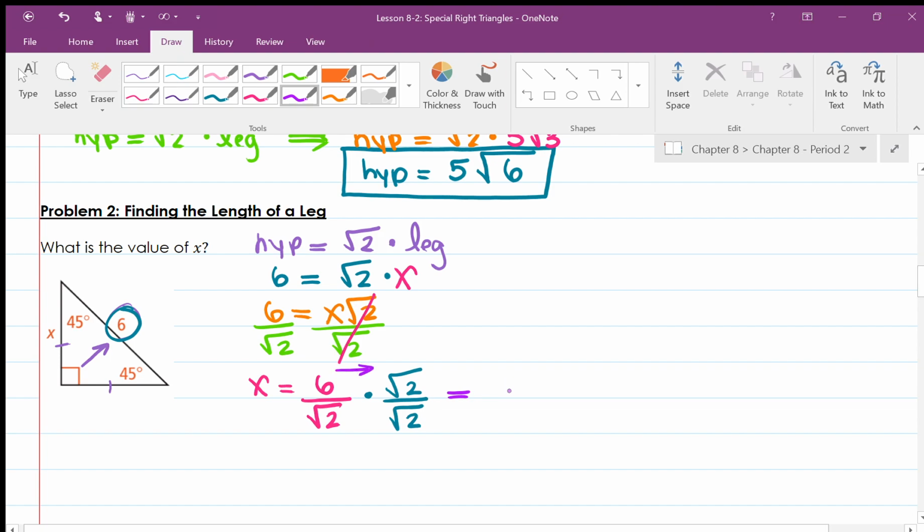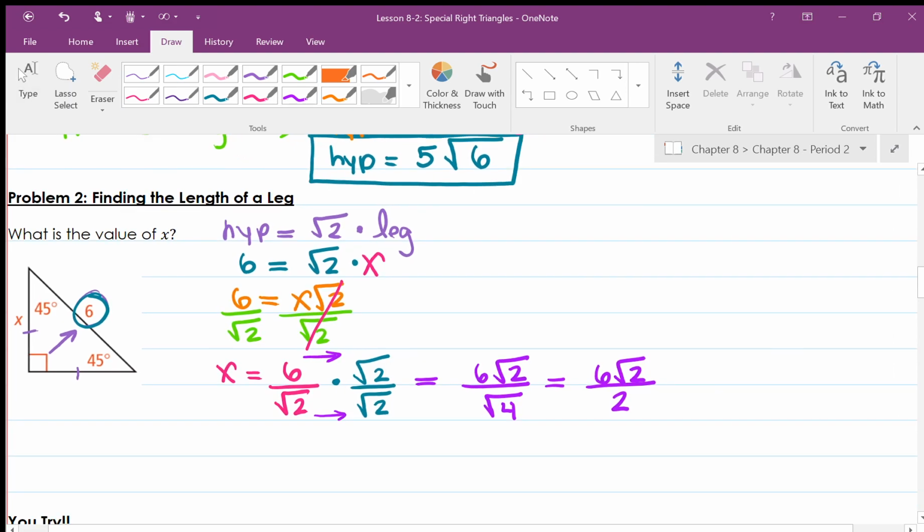So you're going to have 6 square root of 2 over radical 2 times radical 2, which is radical 4. Okay? So now we have 6 radical 2 divided by, what is the square root of 4? 2.